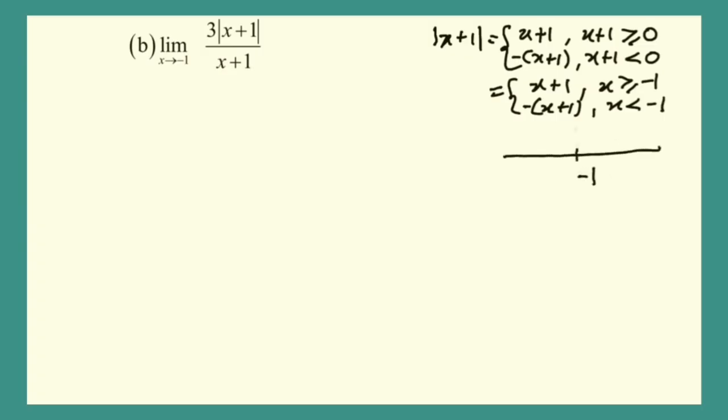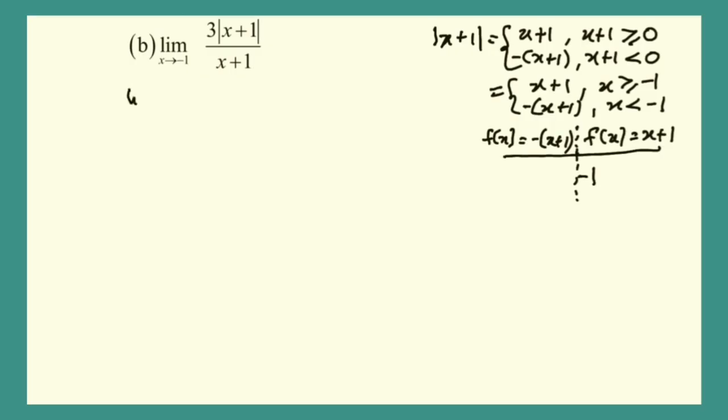Then draw a line to represent the piecewise function. Here is negative 1, and then the function at the left is f(x) equal to negative (x plus 1), and the function at the right is f(x) equal to x plus 1. Okay, find the left hand limit.